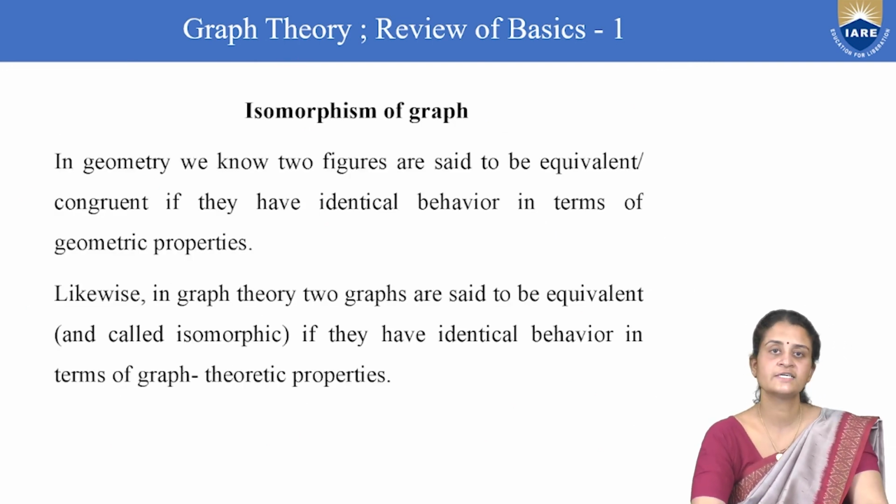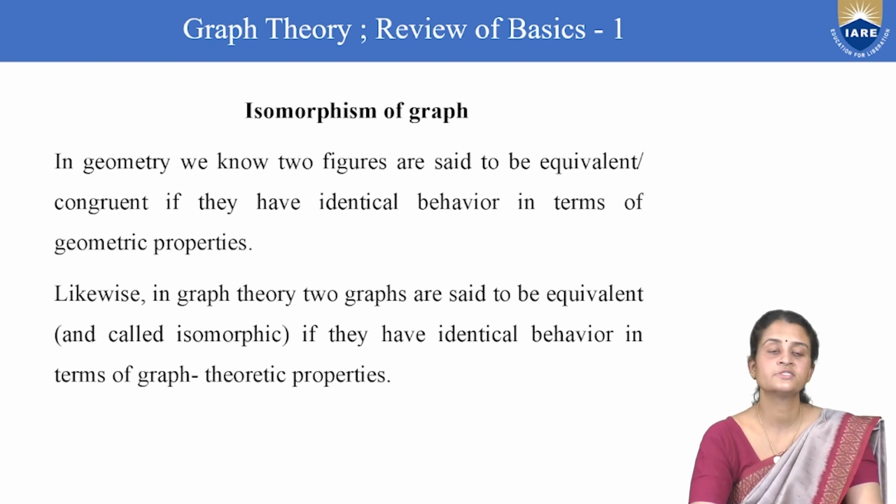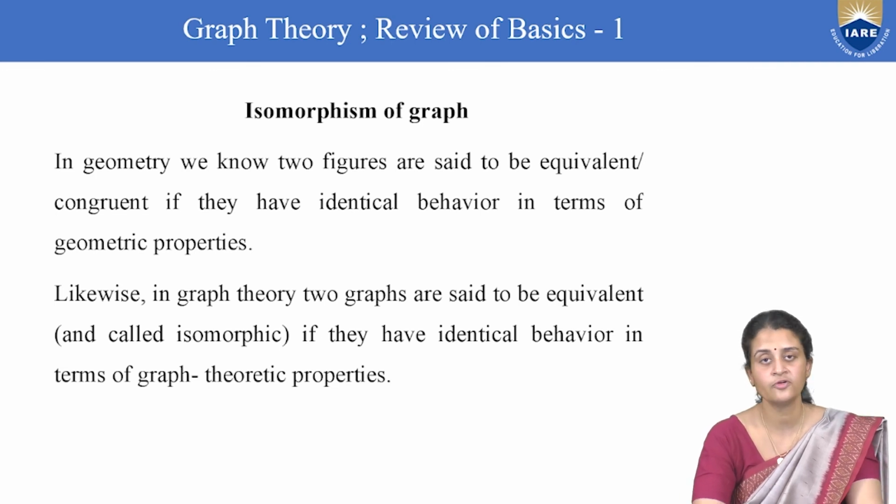Now we will see what isomorphism of graphs is. In geometry, we have all learned about congruence, equivalence of figures and so on, right from school days, and we are all familiar with those things. We say that figures are congruent or equivalent if they have the same geometric properties.